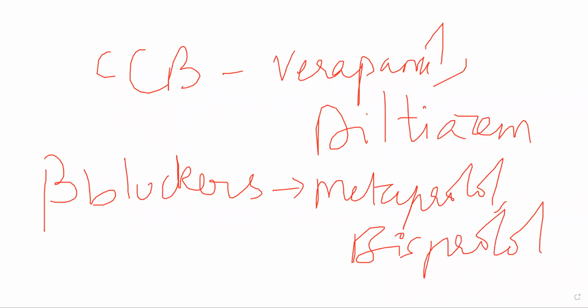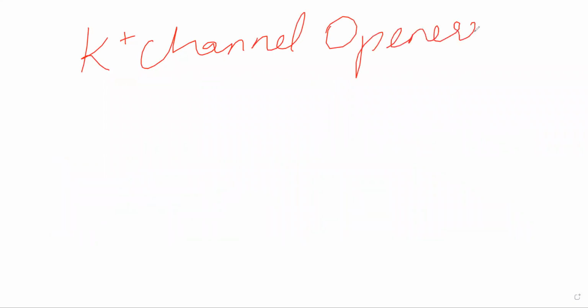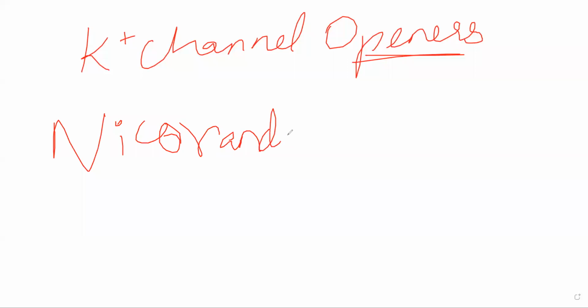Lastly, the last class of drugs are potassium channel openers. These are openers, okay? Be careful. Don't get them confused with potassium channel blockers. One drug in this is called nicorandil, normally it is not used because it is a very expensive drug.